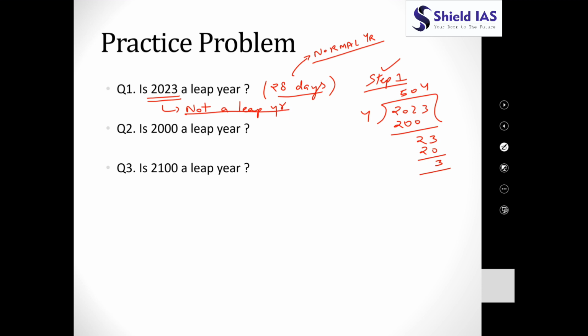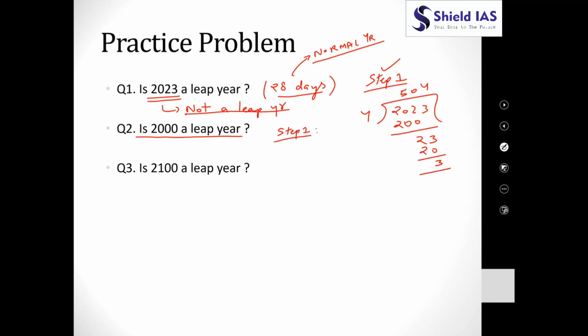Therefore, we can say that in order to be a leap year, a particular year has to be divisible by 4. It is a necessary condition, but it is not a sufficient condition, right? So let us see whether the year 2000 is a leap year or not. So first of all, step 1.